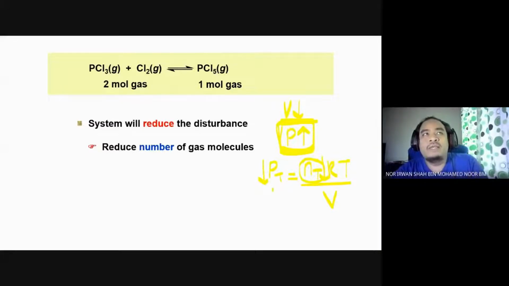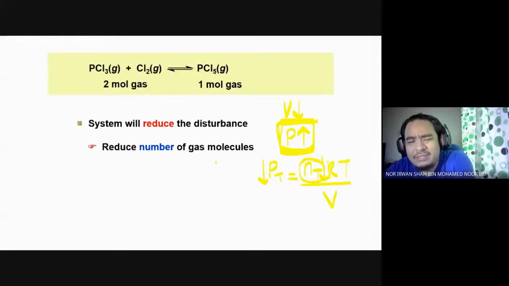Or we can say that the system will try to reduce the number of gas molecules. That's why earlier in this discussion for this case 1, when I showed you the equation, I immediately showed you the moles of gaseous reactants and the moles of gaseous products.